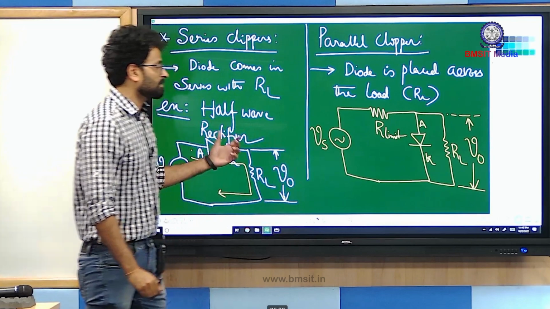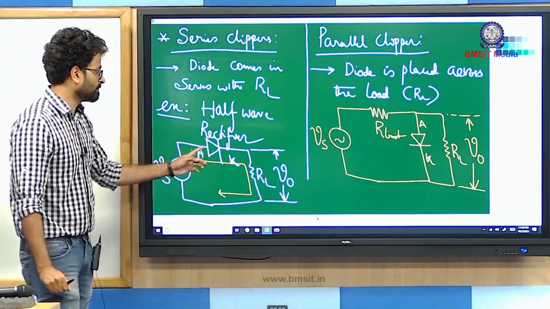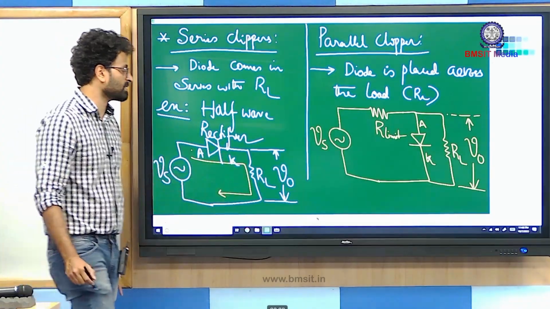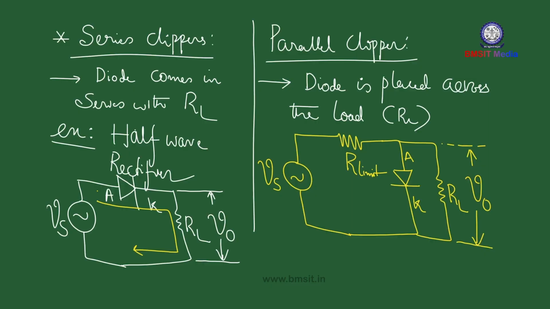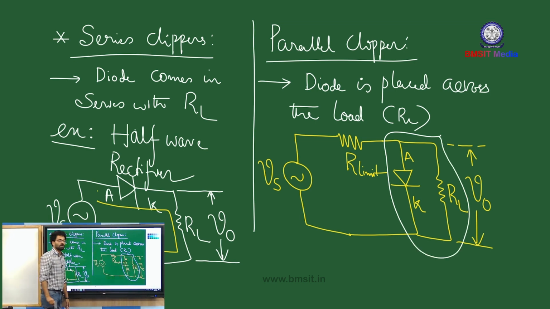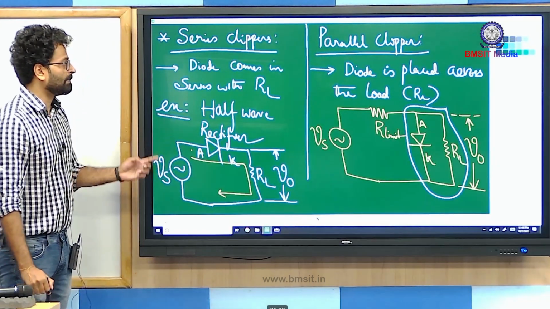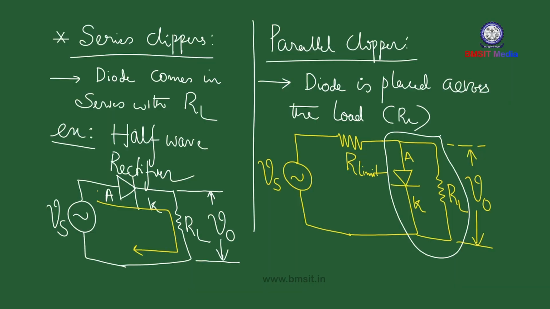So you can do a side by side comparison. Here the diode comes in series with the load resistor. On the other hand, in case of a parallel clipper, the diode is connected across the load resistor. So this is the difference between a parallel clipper and a series clipper.